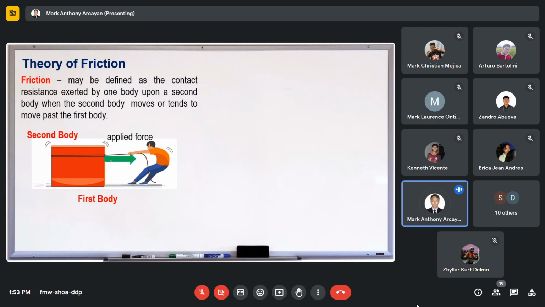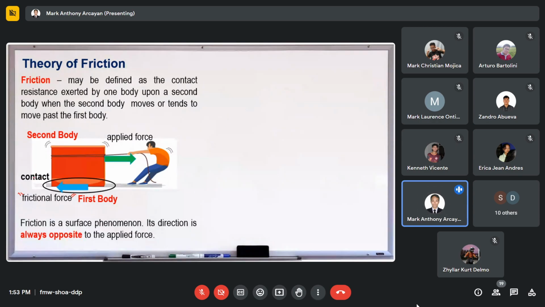No? So, if the person applies some force, so gitawag na siya applied force, there is of course a corresponding resistive force. So gitawag na siya frictional force. So this frictional force exists because there's a surface contact between our second body and our first body. So naay contact dira.